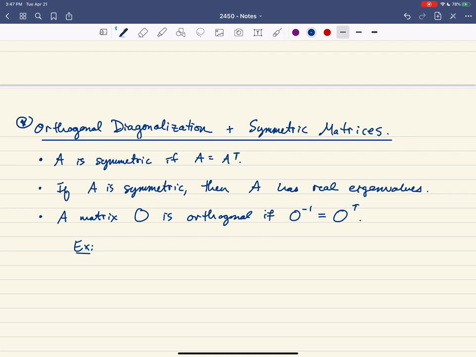Let's say 0, 1, negative 1, 0. Let's call this O. If you compute the inverse of O, what you end up with is O transpose. So that's the behavior that we're looking for in orthogonal matrices.